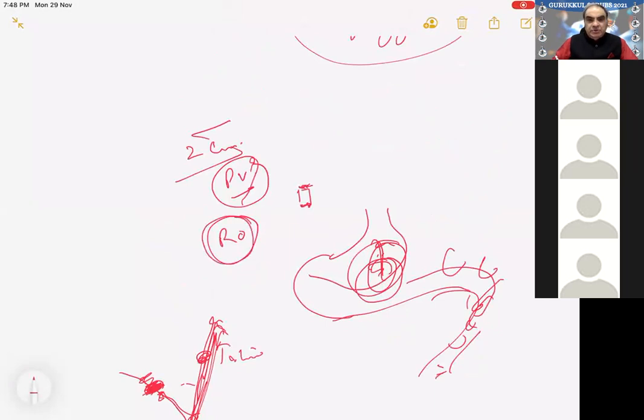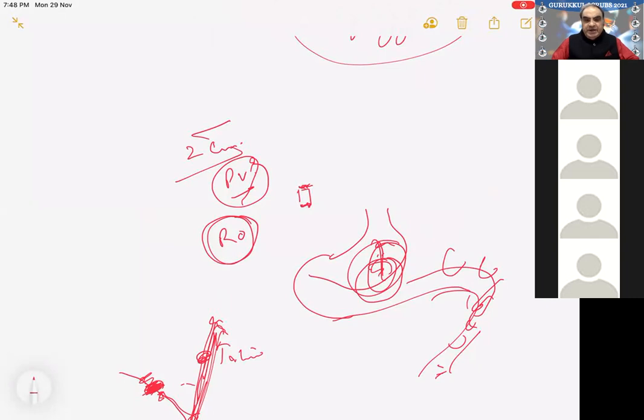The best treatment for pancreatic cancer is surgery. So triple bypass is not equal to Whipple's in terms of disease-free and overall survival.